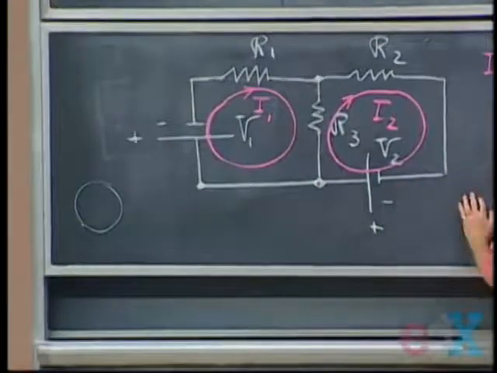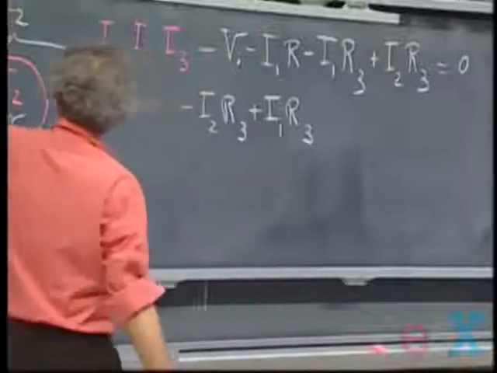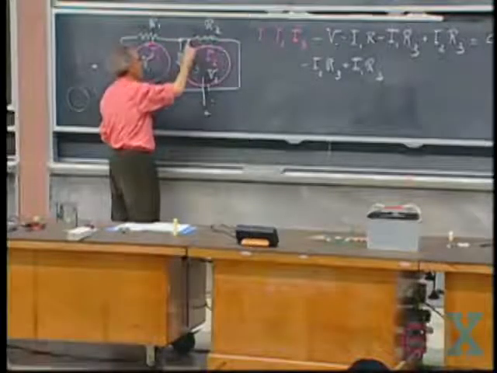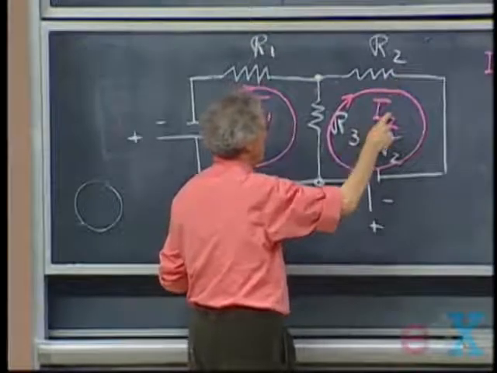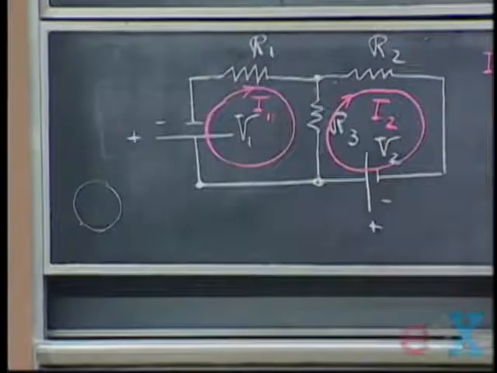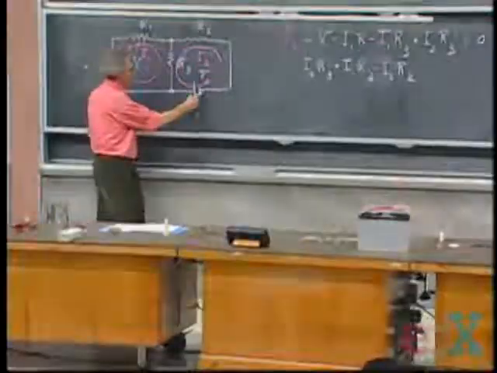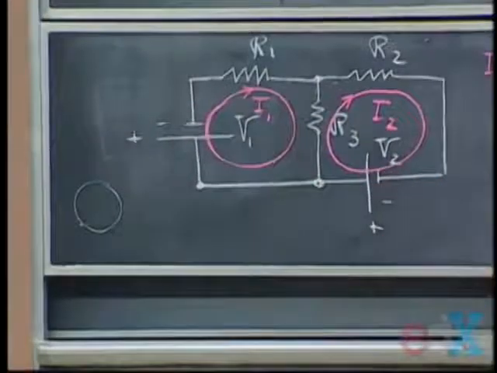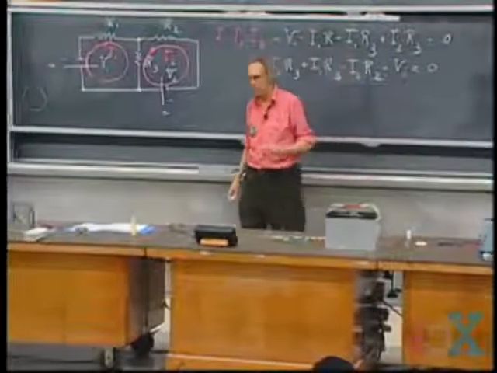So I get plus I1 times R3. Now I go through R2 in this direction, current I2 is also in this direction, and so this must have a higher potential than this, so I go downhill in potential, so I have minus I2 times R2. I come down here, here's a battery, and it goes up in potential, so I get plus V2. And that's zero. Two equations with two unknowns.